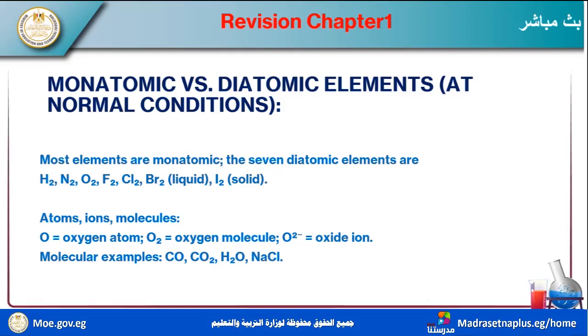This is a molecular example. Compounds like carbon monoxide CO, carbon dioxide CO2, water H2O, sodium chloride NaCl. You must do accurate calculations for the molar mass of the compounds.